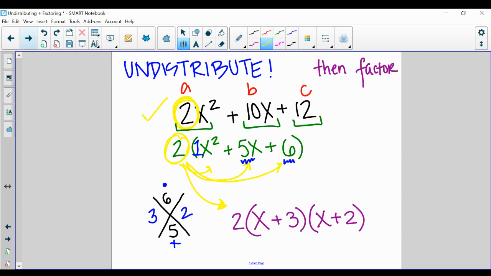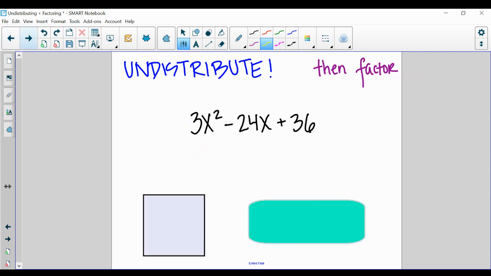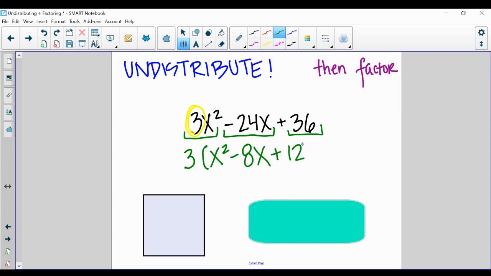Let's try another one. Again, we're going to look at our terms here. We see this 3, that's our A value, and we know we now need to try to undistribute. So I'm going to look at my terms: 3x squared, negative 24x, and positive 36. Is there something that they all share that I can take out? They all share 3. When I take that out, I'm left with x squared minus 8x plus 12.